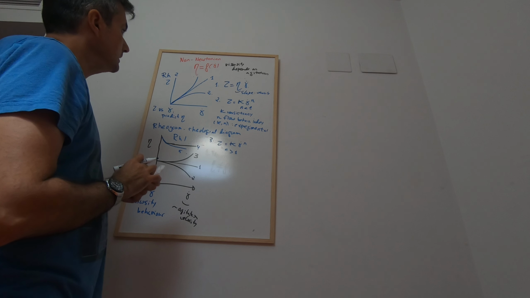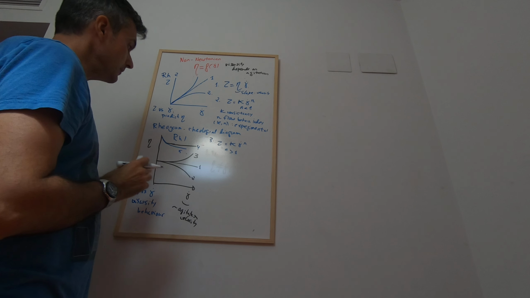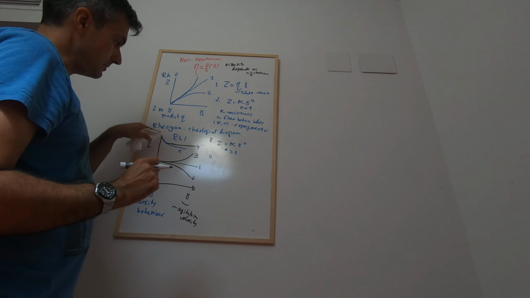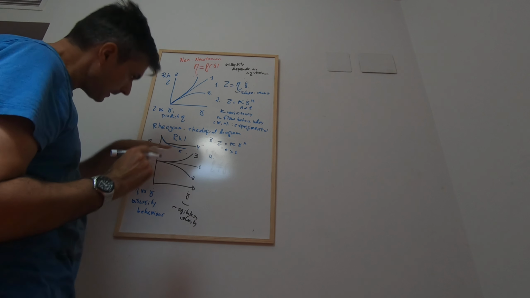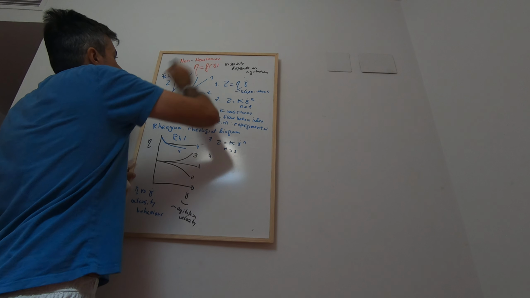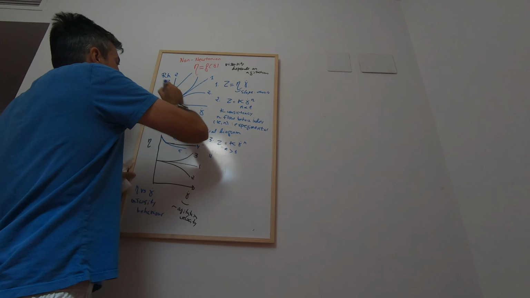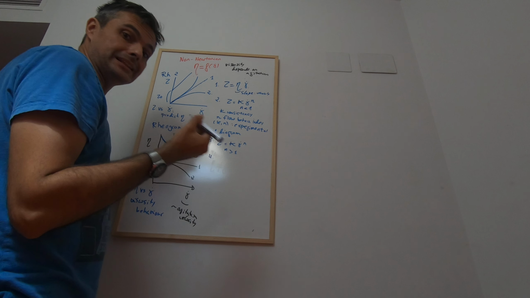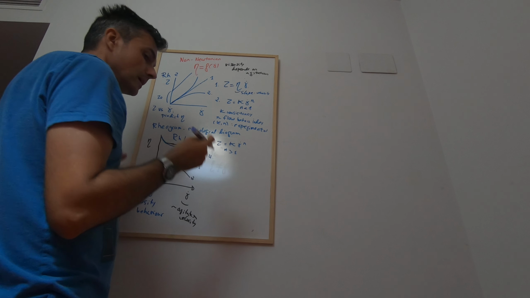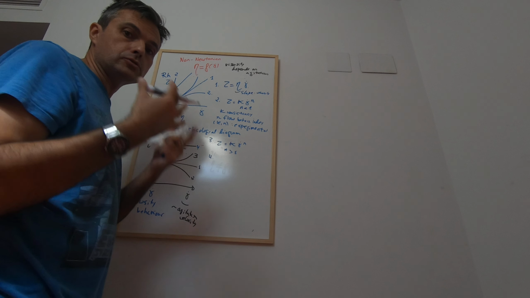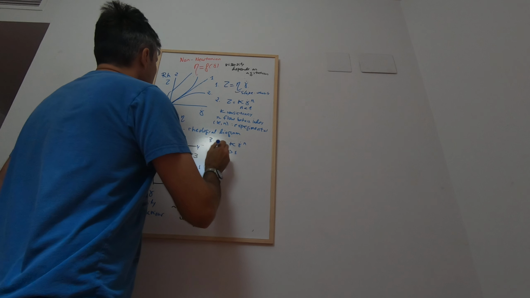It's a power law. So the fourth type, the Bingham plastic, which, remember, has like a step, is very similar to the Newtonian, but now this step is called the yield stress. Yield stress means the force you need to apply to make the fluid flow.